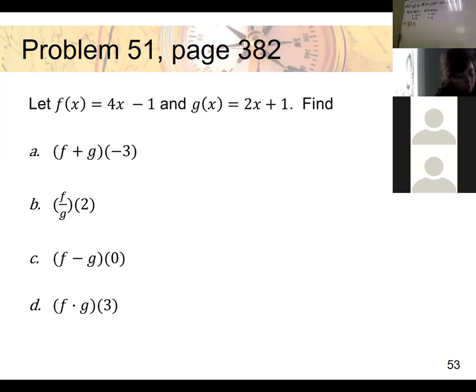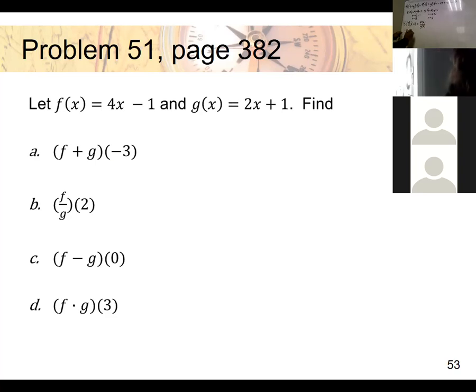Okay. F divided by g of 2. This just simply means f of 2 divided by g of 2. So in this case, let's find out what f of 2 is.